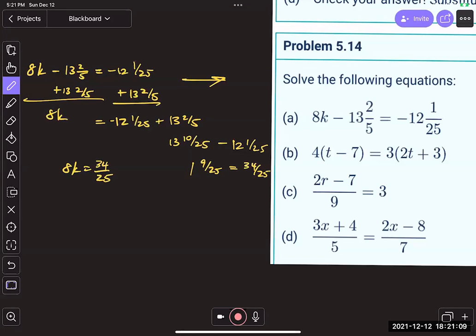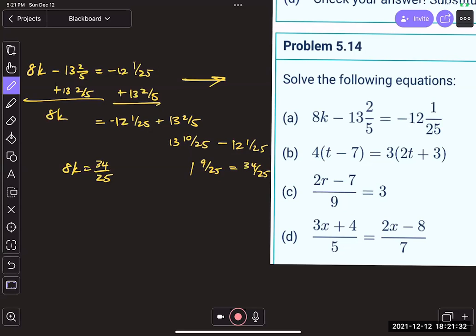Queena, take it home. What do we need to do here? Now I need to get k equals, right?